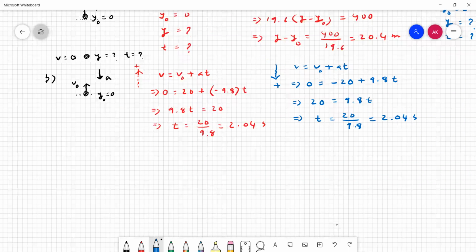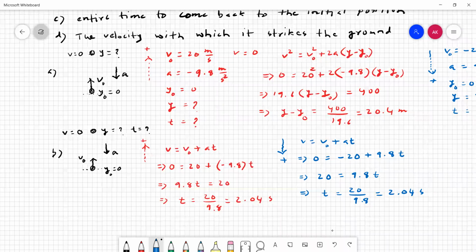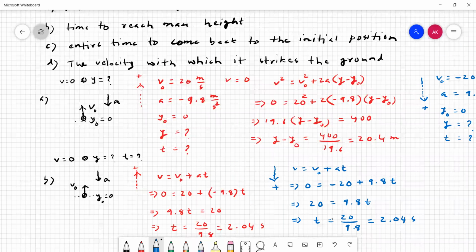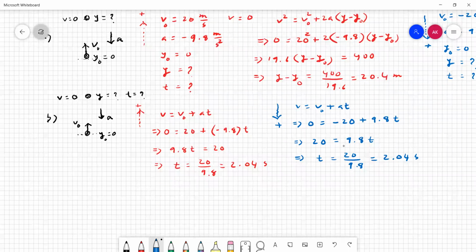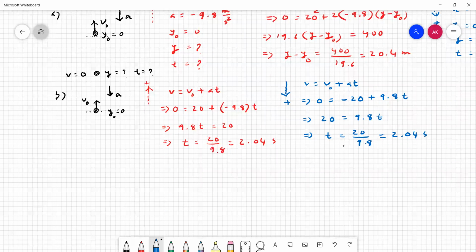Okay, so now we're going to find the entire time for the ball to come back to the initial position. We can do this in two different ways. How much time did we find for the ball to go to the highest point? We found 2.04.